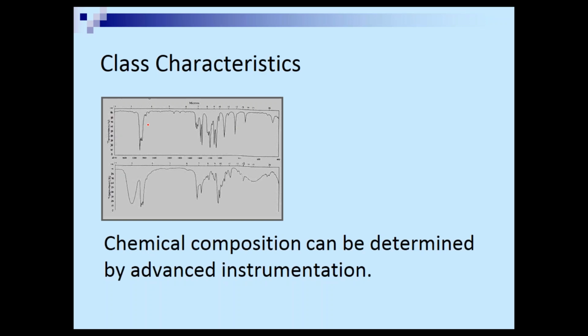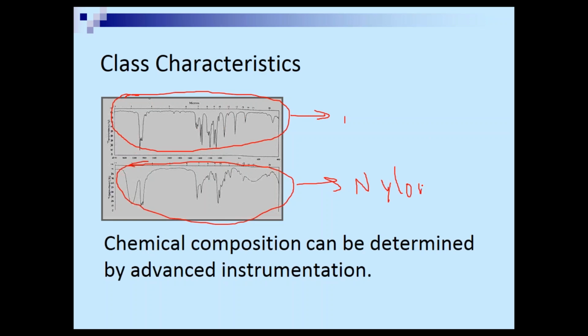It means you can look at a picture like this from a fiber and come to the conclusion, oh, that's polyester. You can look at something like this and conclude, oh, that's nylon. Now, these are not the actual spectra from polyester and nylon, but it gives you an indication. You can take a fiber, look at it with this advanced instrumentation and get an idea of the type of fiber if it's synthetic.